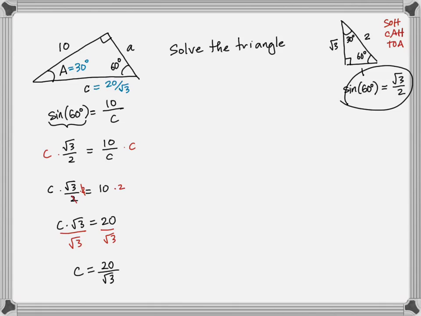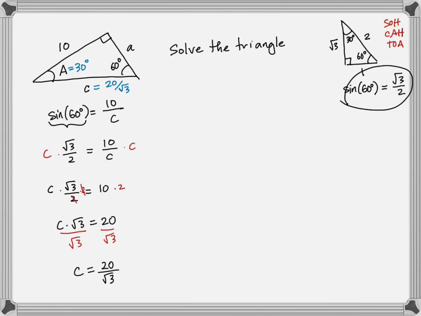Now that I know the hypotenuse is 20 over the square root of 3, and I know that the side B is 10, I could use A squared plus B squared equals C squared to solve for A, and I could do that. Or I could think about something else, like how about taking the tangent of 60?